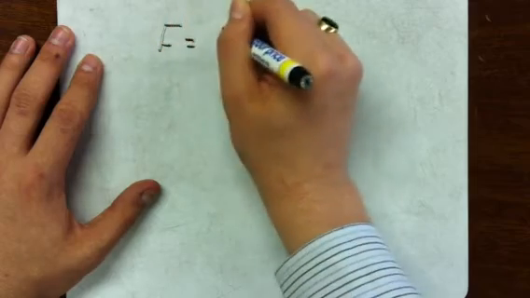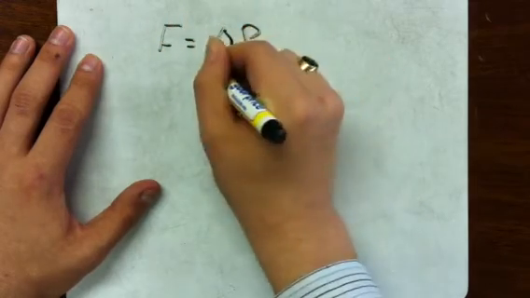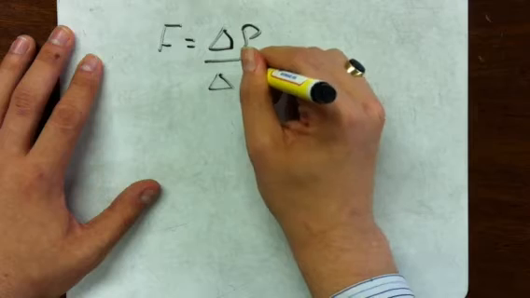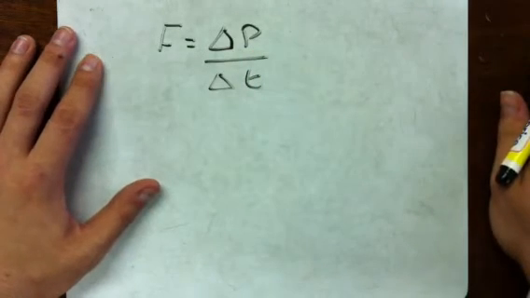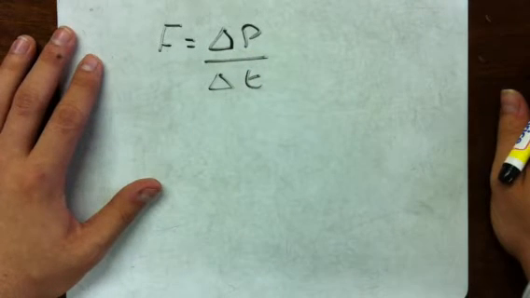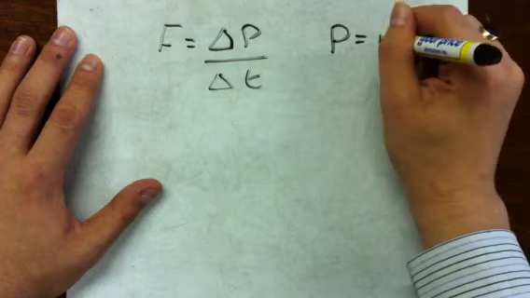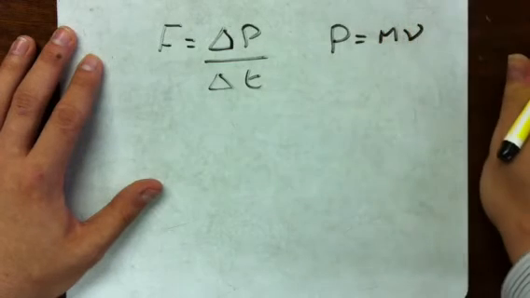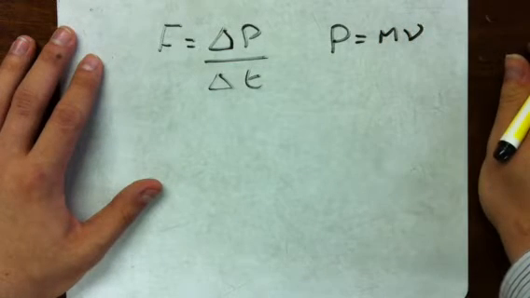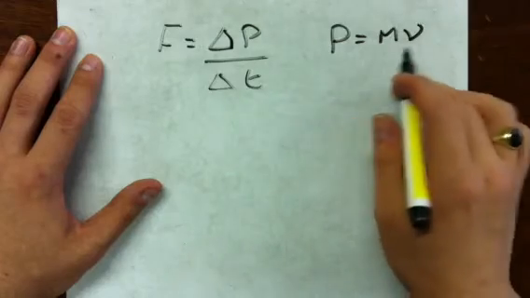F equals delta P over delta T. Now, this is the equation we came across before. Force equals change in momentum over change in time. Now, we also need to remember that momentum equals mv. That's another equation we've come across. Now, momentum equals mass times velocity.